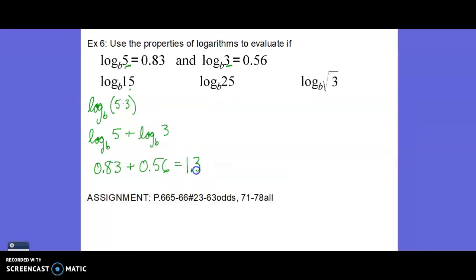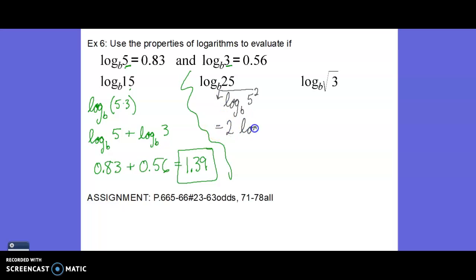It's just a matter of, can you think of a way to use 5 and 3 to get to that number? Can you think of a way to get, well, how about this? This is the same as log base b of 5 squared. Now, because 5 squared is 25, I can rewrite this as 2 log base b of 5.